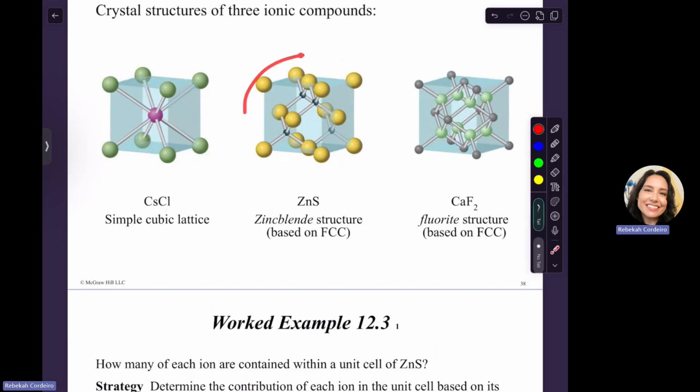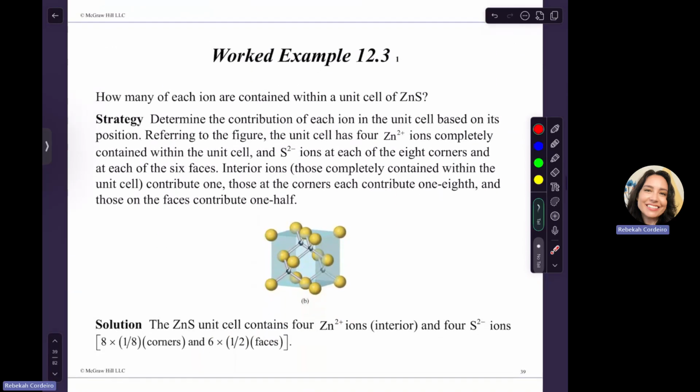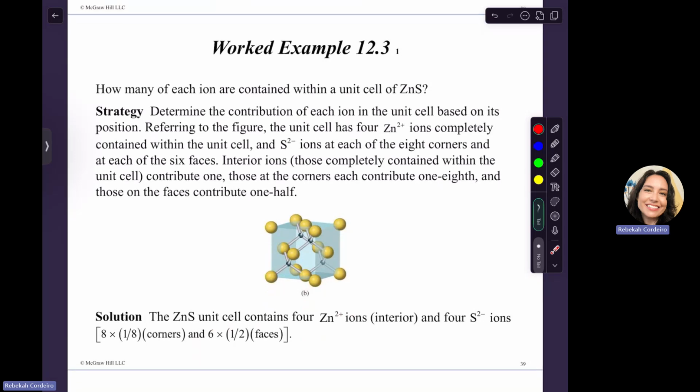And so here's your zinc sulfide here. Can you figure out how many of each ion would be in there? This is kind of hard. So here's our strategy. We got to determine how much each ion is being put in. So the unit cell has 4 zinc ions completely in the cell, but maybe we're not sure how to figure that out.